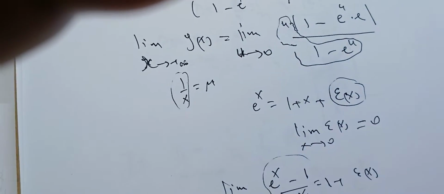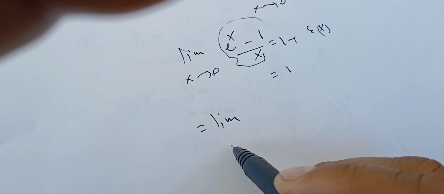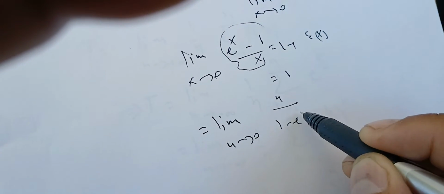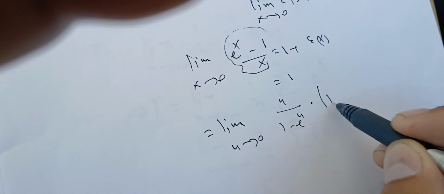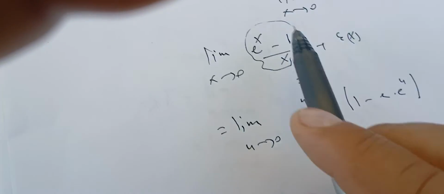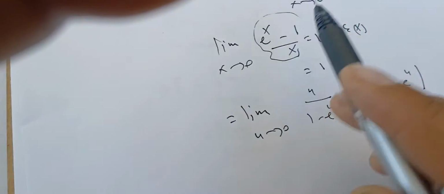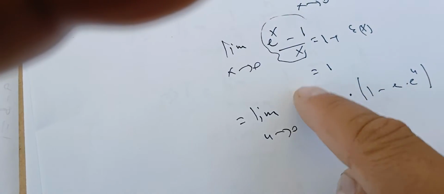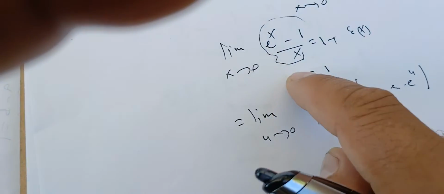So notice here we can write this one as the limit as u goes to 0 of u over 1 minus e to the power u times 1 minus e times e to the u. So we know from here, when we flip this one, it's 1. It's the same as this one.